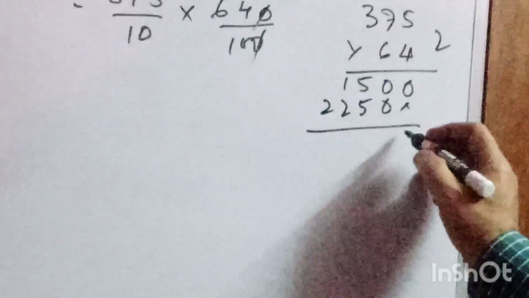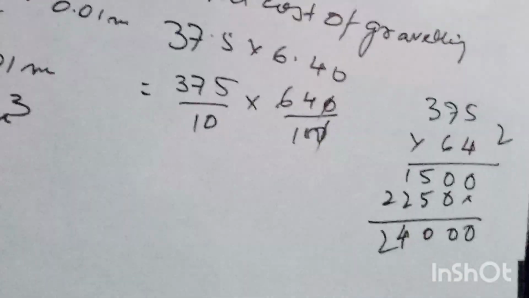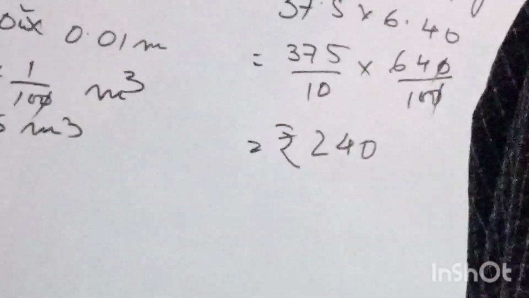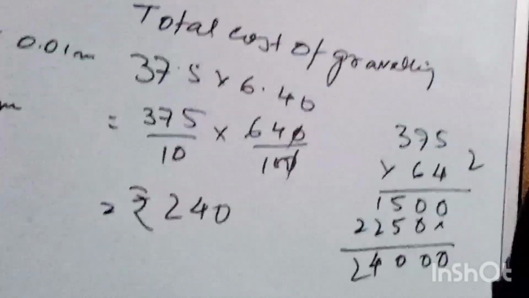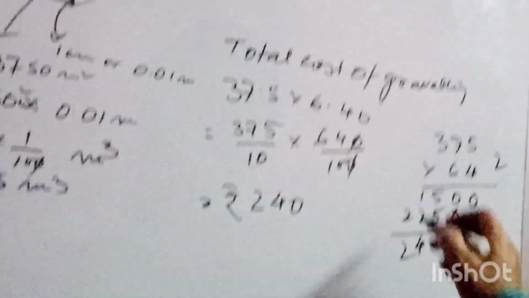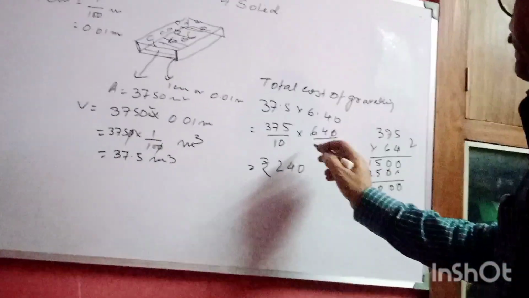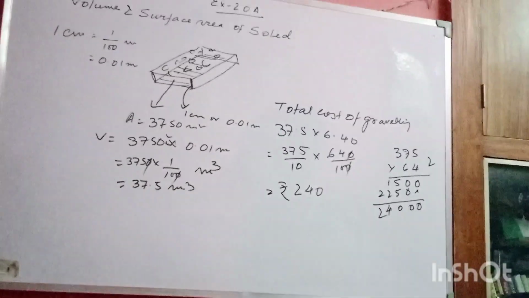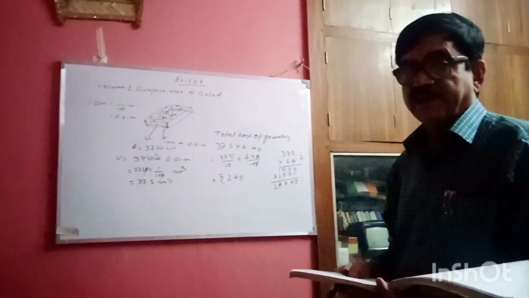You can also calculate this. So rupees 240 will be the answer, as 2400 divided by 10, that means 240. Rupees 240 is the amount required for graveling this.